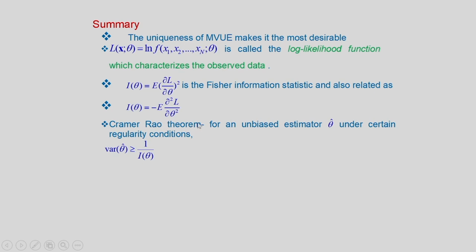Cramer-Rao theorem, that also we established: for an unbiased estimator theta hat, under certain regularity conditions, variance of theta hat is greater than or equal to 1 by I theta, where I theta is given by the Fisher information statistic.